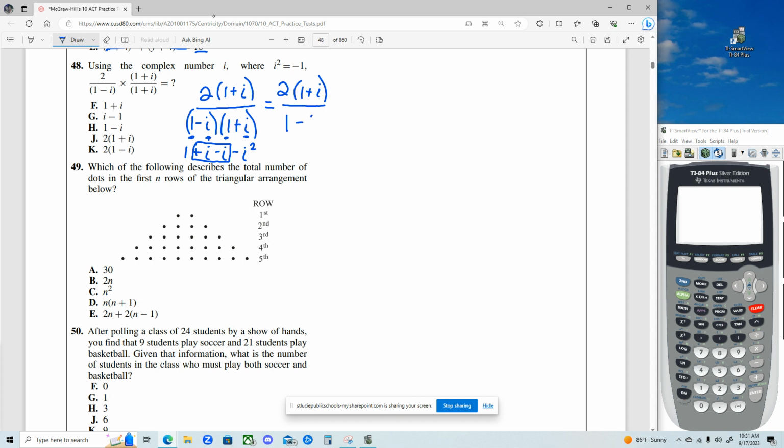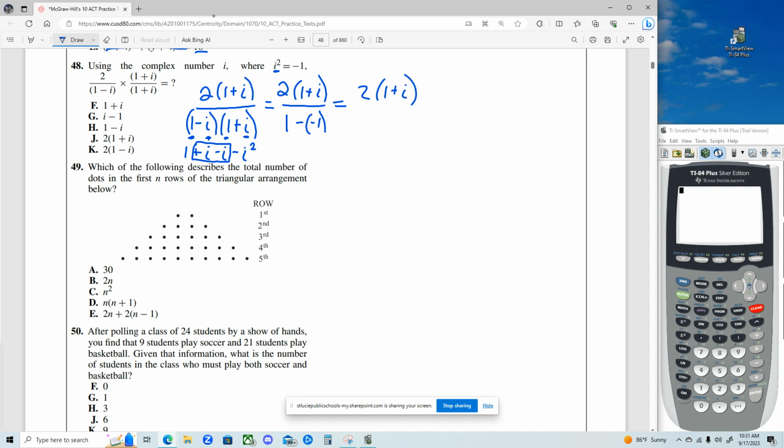Minus i squared. And now I'm going to look back to this other piece of information where it said i squared is equal to -1. So instead of writing i squared, I can just erase it and write -1. And what happens to minus -1? We get 1 plus 1, which gives us 2.